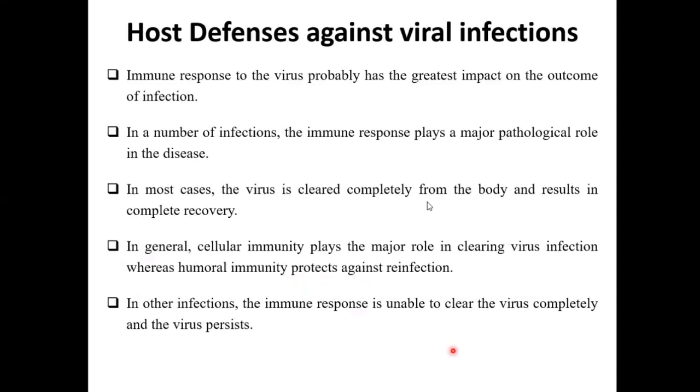So memory is mostly for protection, while cleaning what is already established is more the role of cellular immunity. I think we have an immunology course where you will be able to understand both components.